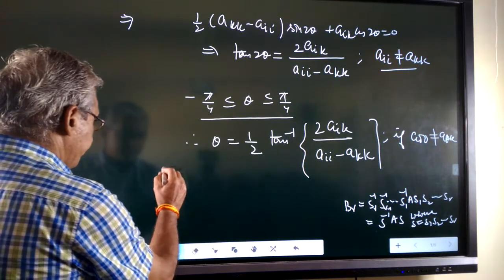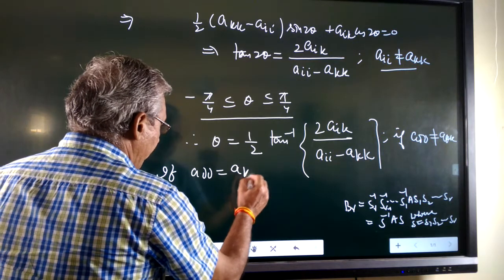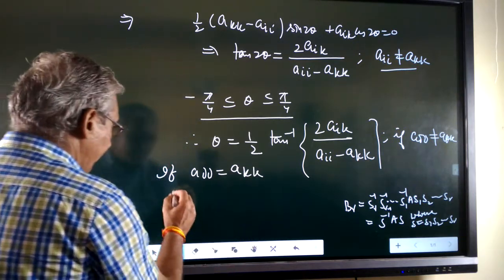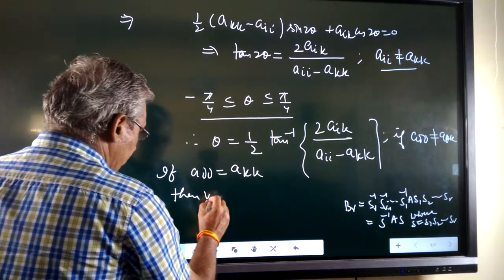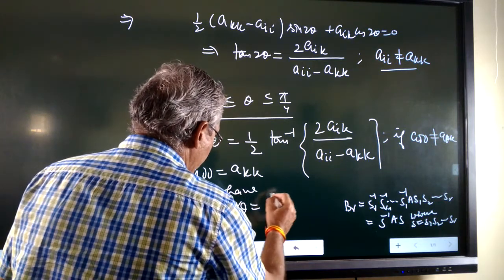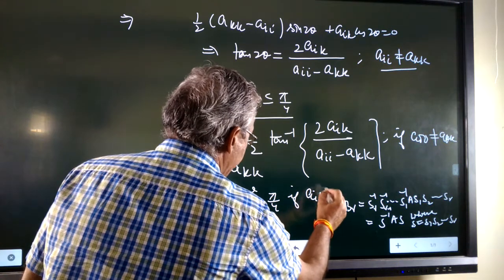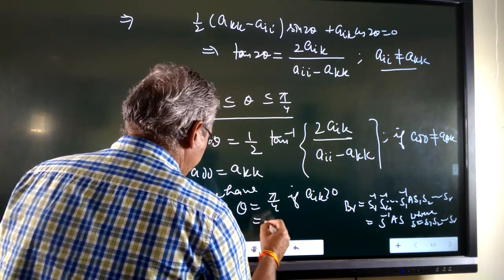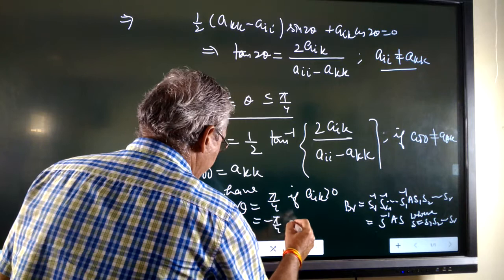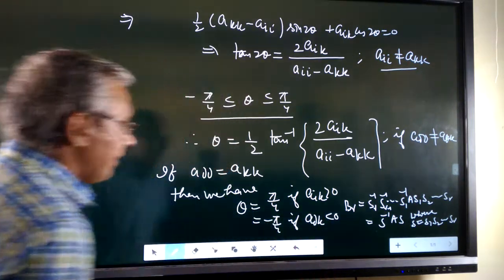If Aii equals Akk, then we have theta equals pi by 4 if Aik is greater than 0, or theta equals minus pi by 4 if Aik is less than 0.